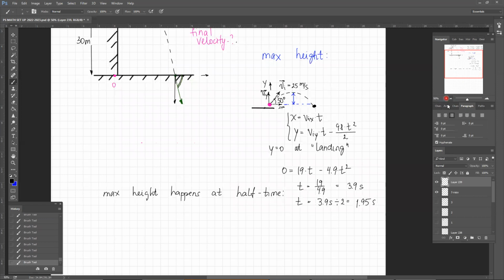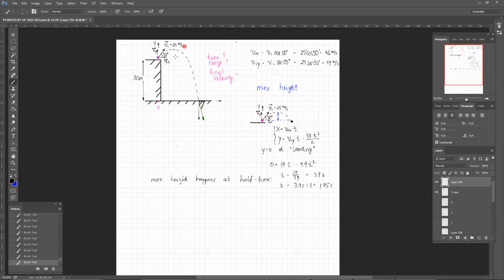And that's basically it. So we found the critical point. We found the time of this. So maximum height happens at time equals 1.95.